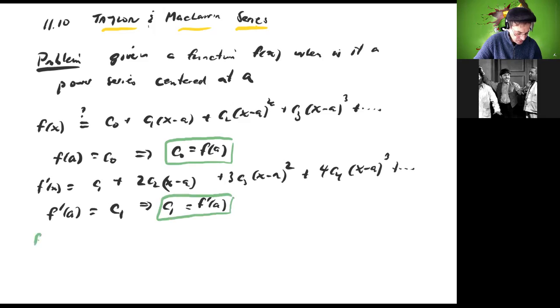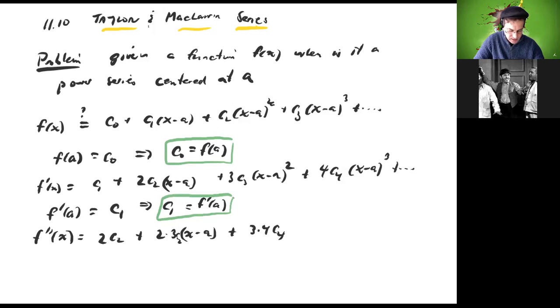So the second derivative, f double prime of x, is given by 2 times c2 plus 2 times 3 times c3 times (x minus a) plus 3 times 4 times c4 times (x minus a) squared.